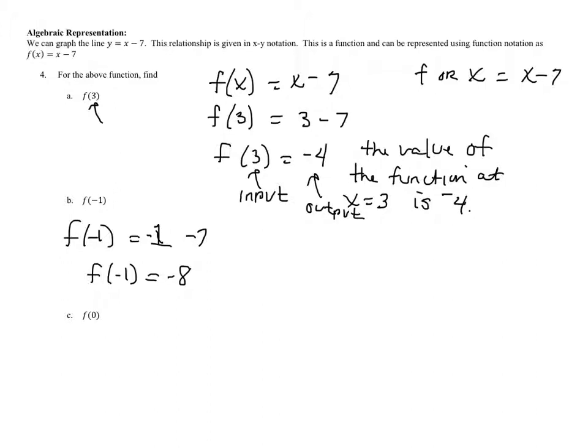So if I were to graph this point, it would be -1 comma -8. Well, f of 0. I'm going to put 0 in everywhere I see an x. So f of 0 is equal to -7. What's the beauty of it? We can see both the input and the resulting output from that input.